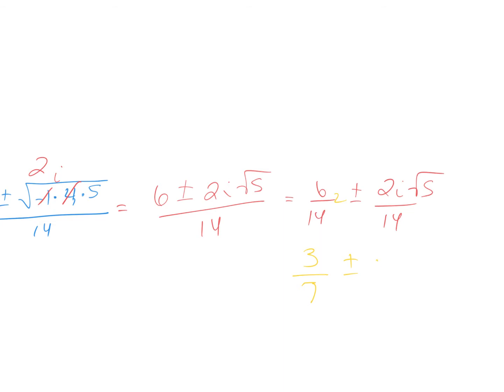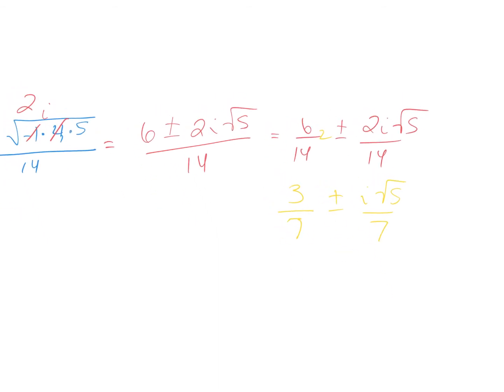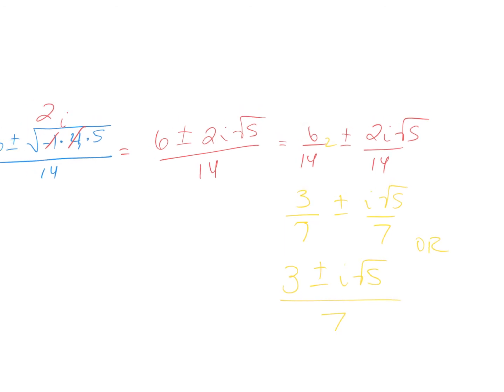So this becomes i root 5 over what? 7. You can leave your answer like that, or you can put it back together over one denominator only because they both have the same denominator. Either way is fine. But guys, the question, do I have to simplify? Don't even ask yourself that question. Do it. You always, always, always need to simplify. Everybody with me on that?